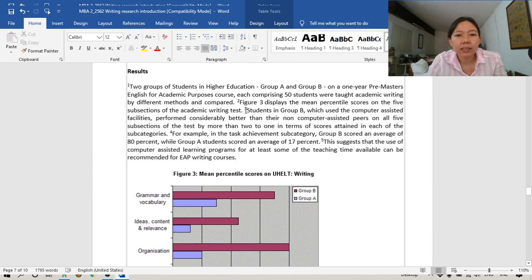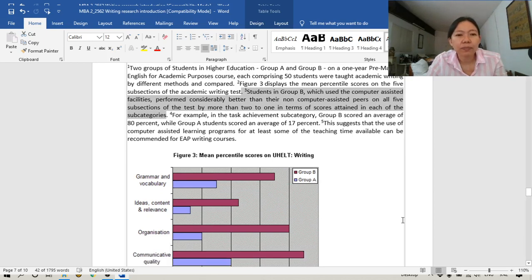And then the next sentence: students in Group B, who used the computer-assisted facility, performed considerably better than the non-computer-assisted peers on all 5 subsections of the test, by more than 2 to 1 in terms of scores attained in each of the subcategories. So here is the statement that shows the most important finding, that Group B performed much better than Group A in all subcategories.